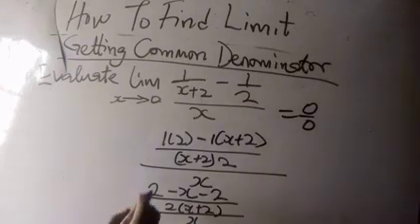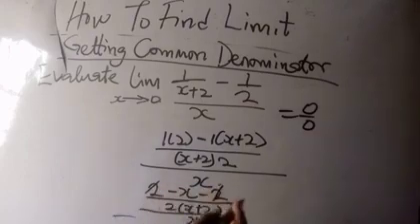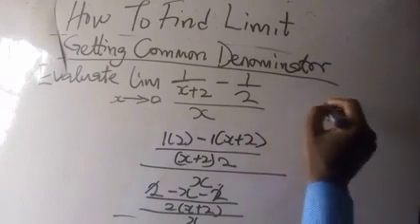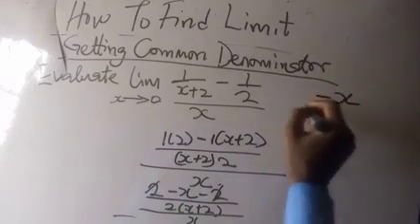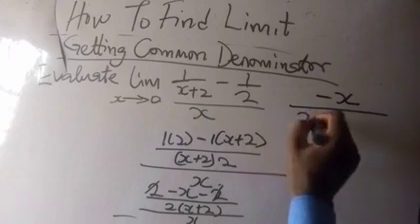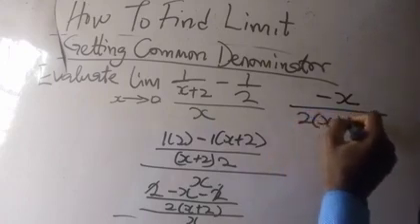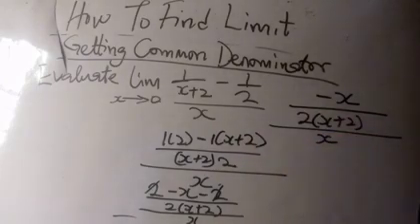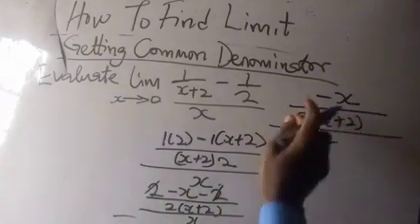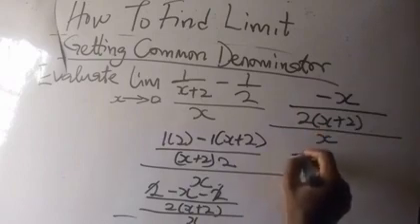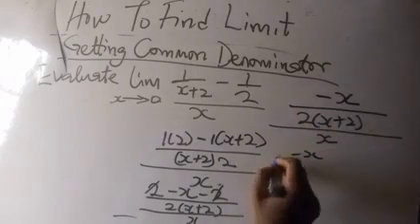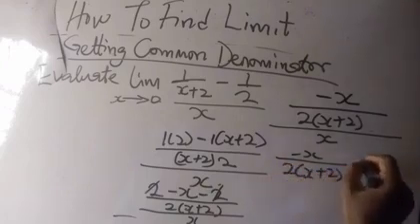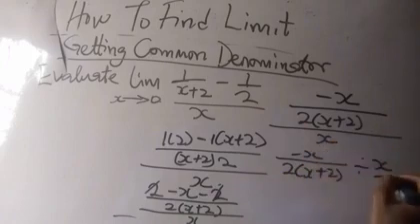So in this case, 2 crosses 2. We are left with minus x divided by 2 into bracket x plus 2, everything divided by x. So if we divide the numerator, we have minus x divided by 2 into x plus 2, divided by x all over 1.